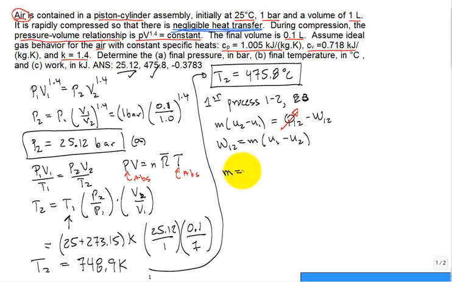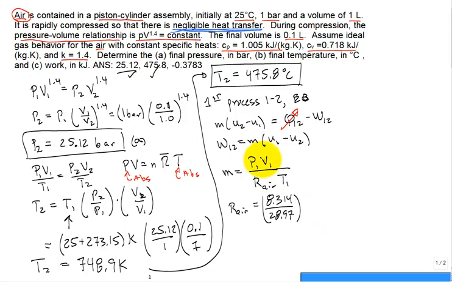The mass would be the initial pressure, initial volume, divided by the gas constant for air times the initial temperature in Kelvin. Okay, I think we can do that correctly. The R for the air is the 8.314 R bar divided by 28.97 for the molar mass of the air.